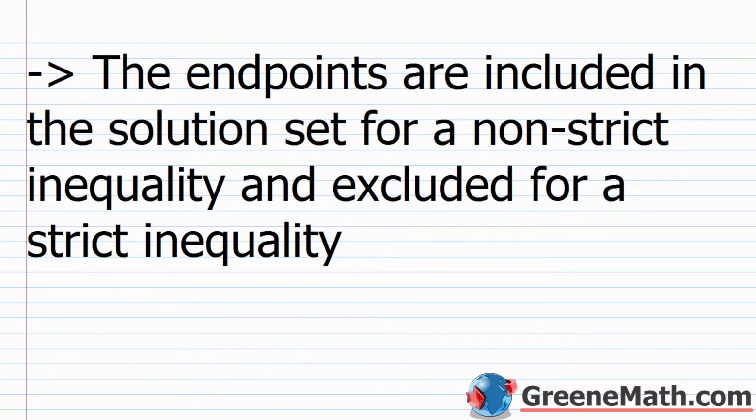Lastly, the endpoints, or the boundary points, are included in the solution set for a non-strict inequality, so a greater than or equal to, or less than or equal to inequality, and excluded for a strict inequality. If you have strictly less than or strictly greater than, they're going to be excluded from the solution.